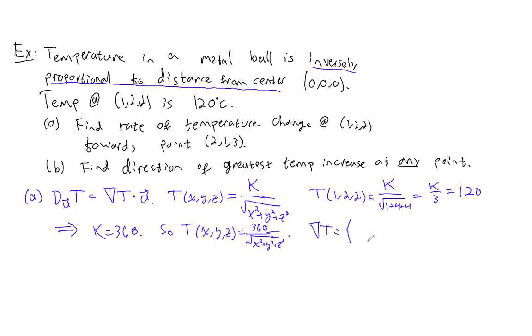Just taking the derivative with the Calc 1 chain rule, this would come out to negative 360x over (x squared plus y squared plus z squared) to the 3 halves, negative 360y over (x squared plus y squared plus z squared) to the 3 halves, and negative 360z over (x squared plus y squared plus z squared) to the 3 halves.